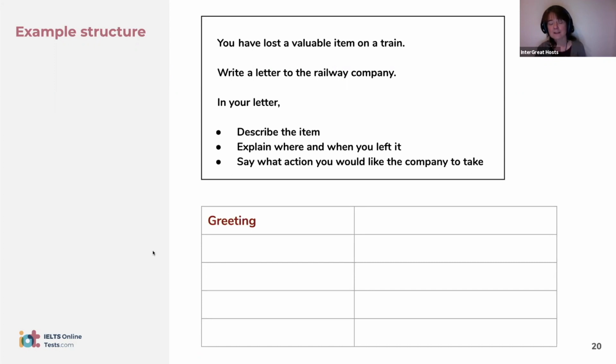The first thing you're going to have is your greeting. Then you're going to have an introduction, which is the purpose of the letter. It's really important to have that clear at the beginning. Then your body. If you remember what I said, each bullet point is going to be one paragraph in your body.